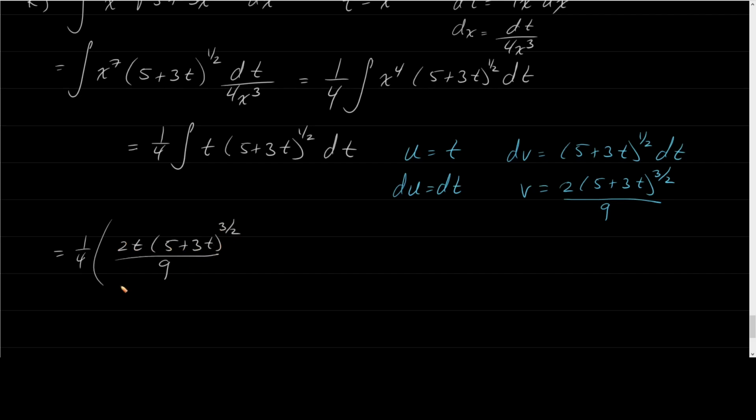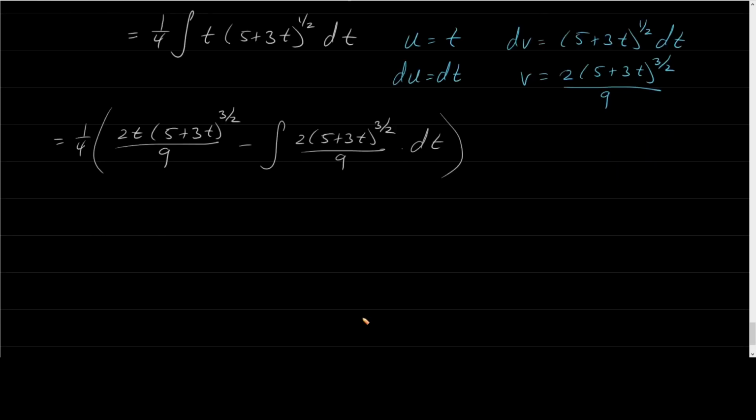That's our UV, minus the integral of V, which was 2 times (5 plus 3t) to the 3/2 over 9, times du, which is just dt. So at that point, let's integrate that.